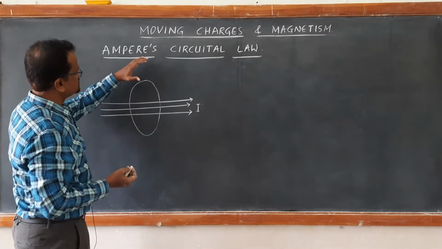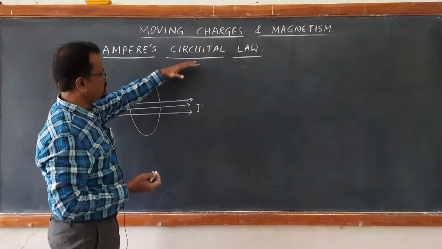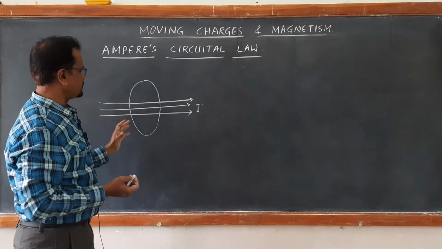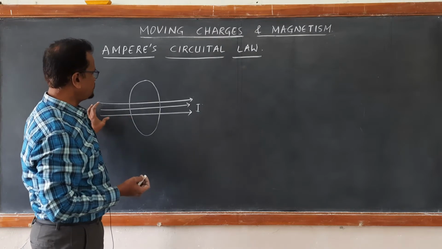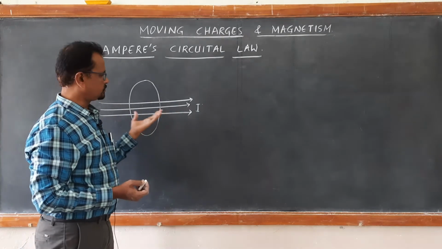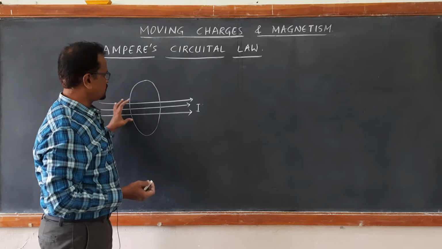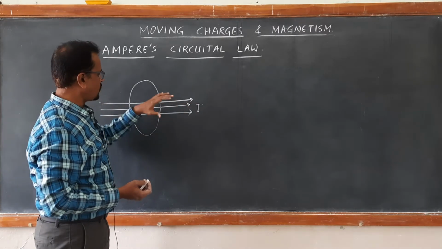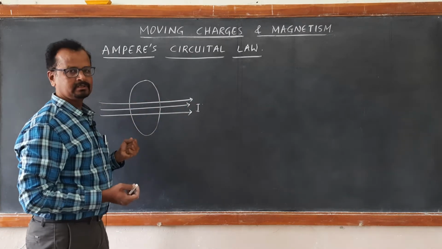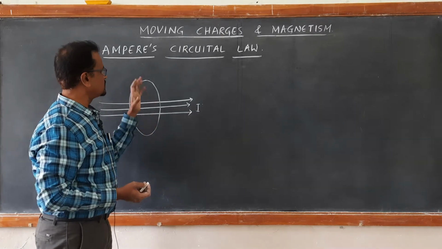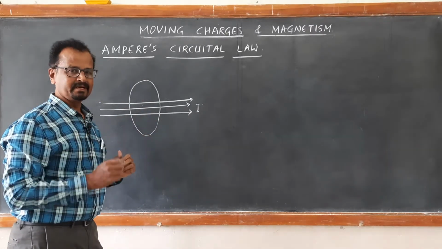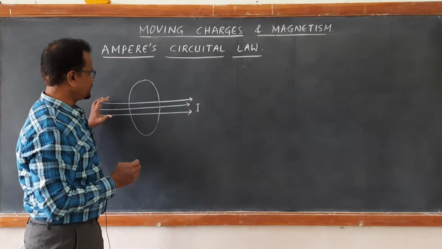And this Ampere circuital law is how to calculate the magnetic field when there is a current through any conductor like this. In most of the cases, this is applicable whenever there is a symmetry, right?